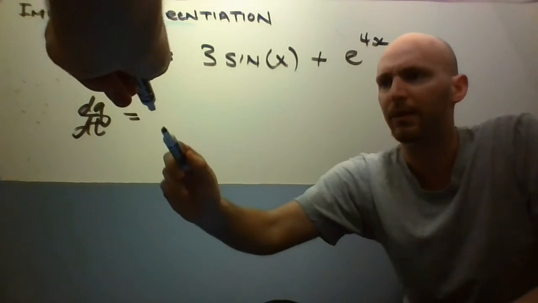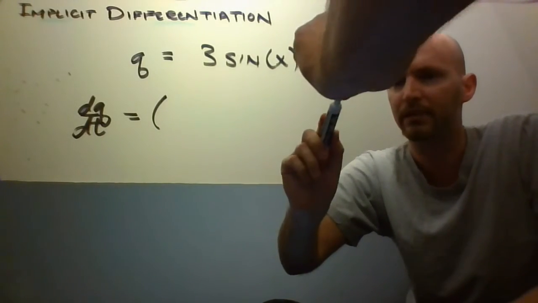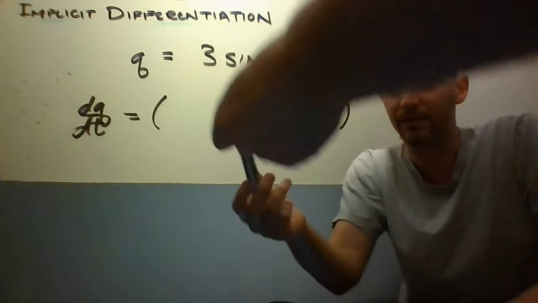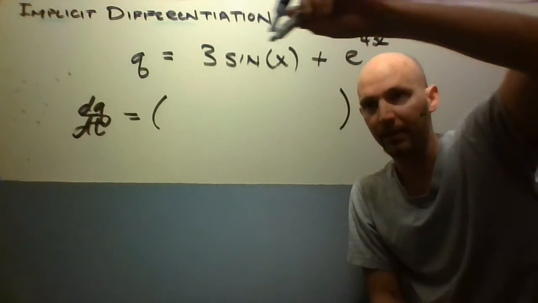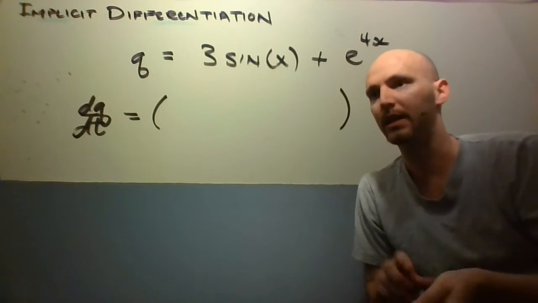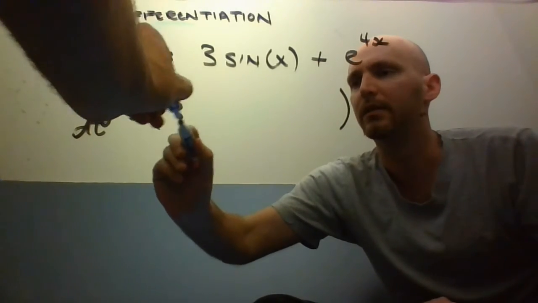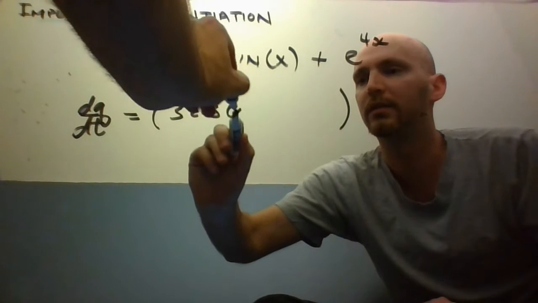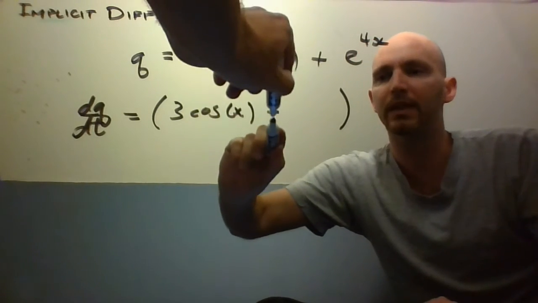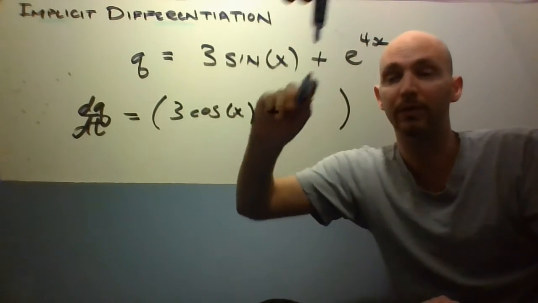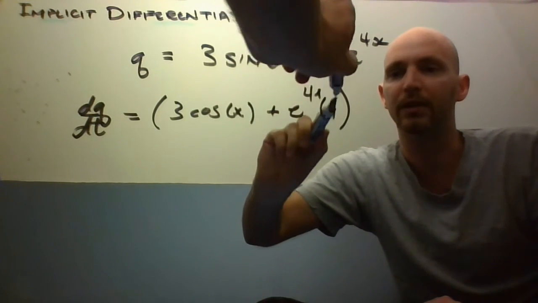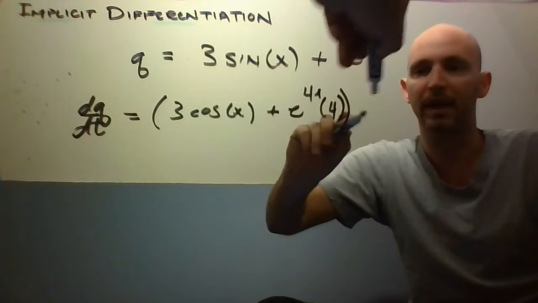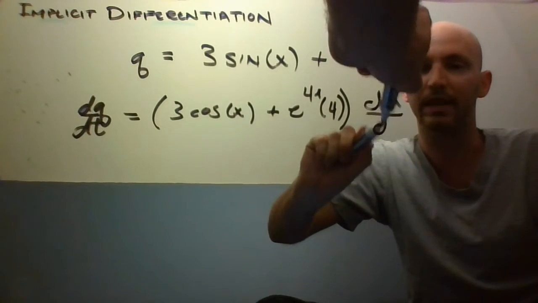So I'm going to put in a bracket. I'm going to take the derivative of this thing here. The derivative of 3 sine x would be 3 cos x. The derivative of that would be, it's a chain rule, so e to the 4x times 4. And because my variables didn't match, I just stick this silly thing on here, dx dt.